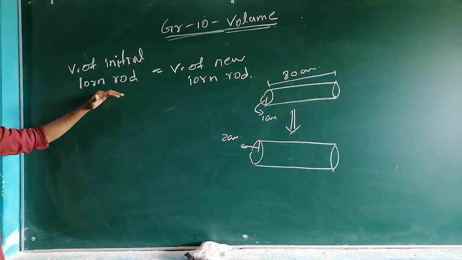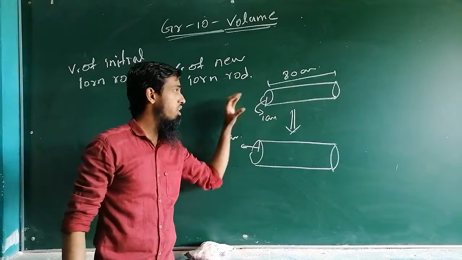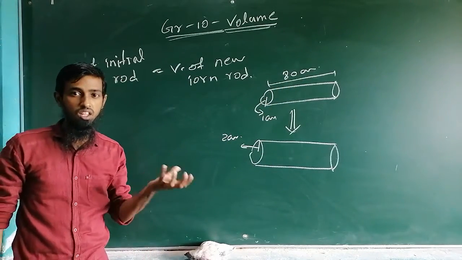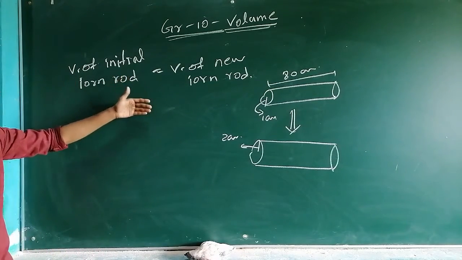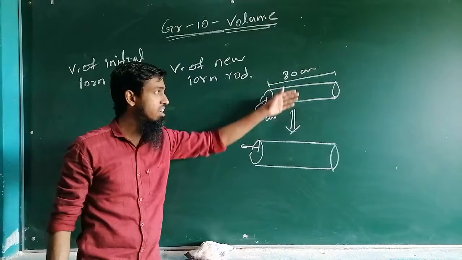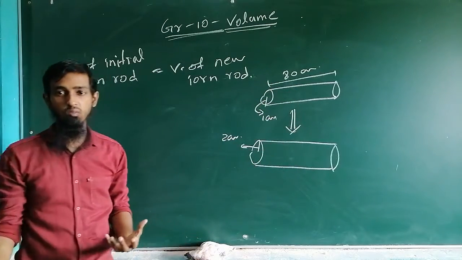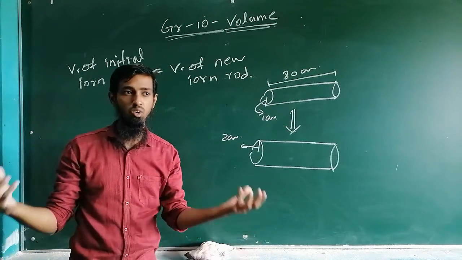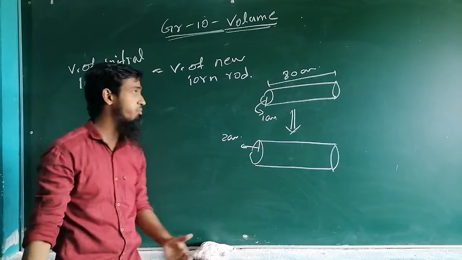What is the connection between the two solid shapes? The connection is that one material is used to create another. So for both, the volumes are the same.